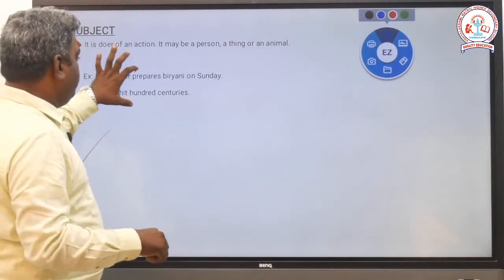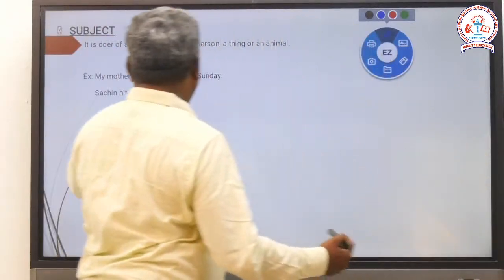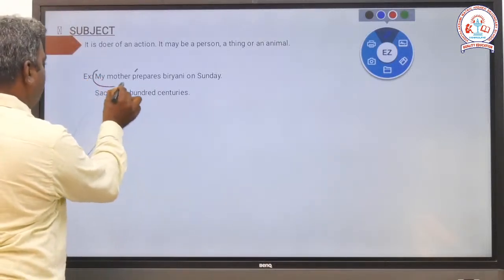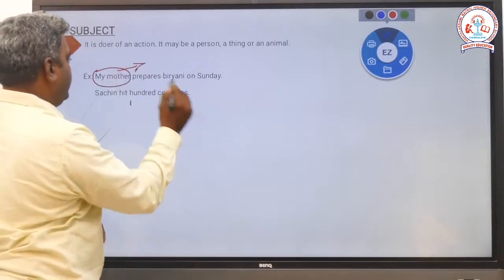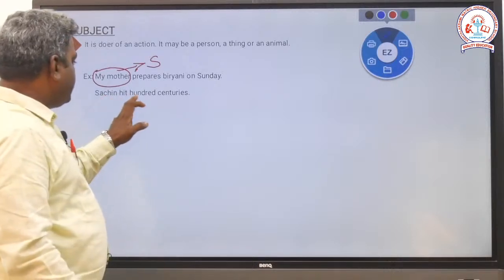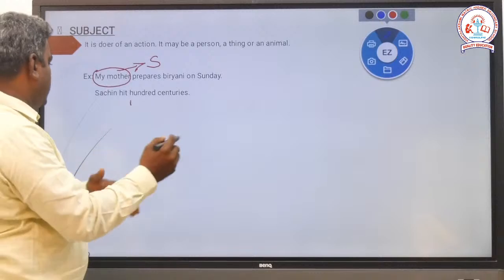My mother prepares biryani on Sunday. What is the subject here? According to the rules, my mother, because she is the doer. That is called the subject. Next, Sachin hit 100 centuries. Who has hit 100 centuries? Sachin.